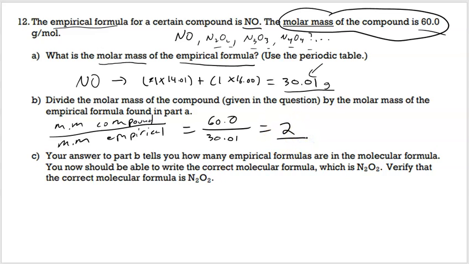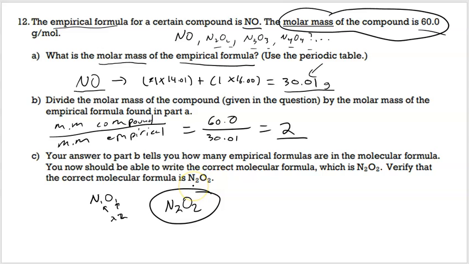So what that means is I'm going to take my empirical formula, which is NO, 1 nitrogen, 1 oxygen, and multiply it by 2. So N, if we imagine a 1 and an O1, if I multiply each of those by 2, my molecular formula is going to be N2O2.